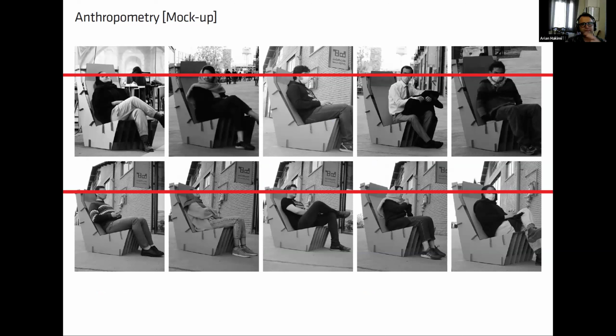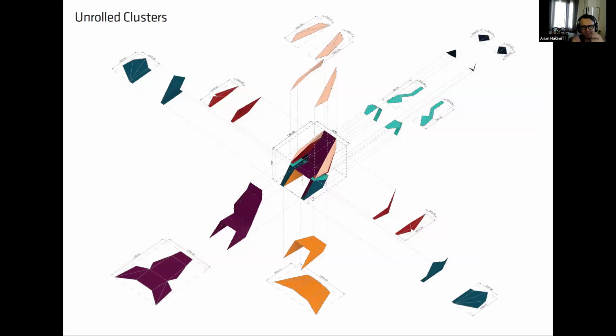We asked men and women of different ages and heights to sit on it, and we gathered and extracted data on their feelings: how close they are to the ground, if they can cross their legs easily, what the height of the headrest and the backrest should be, and then applied the local data to our primary data.